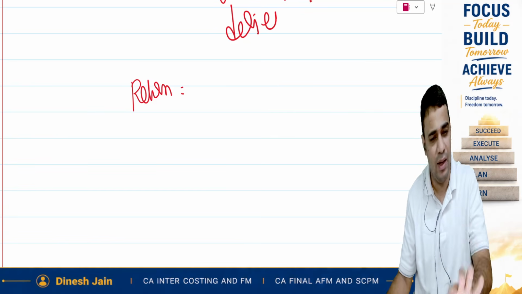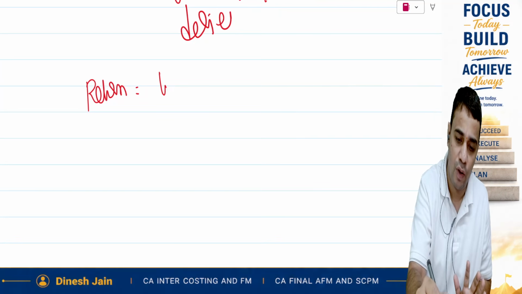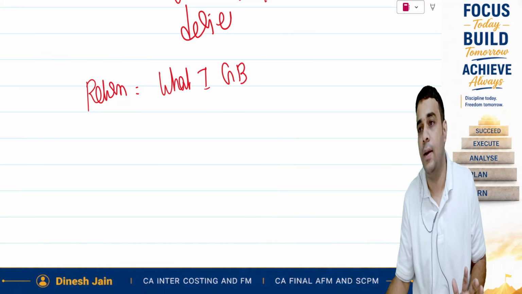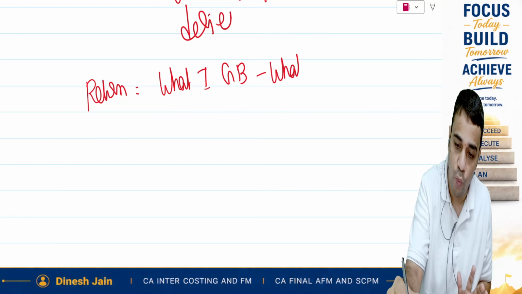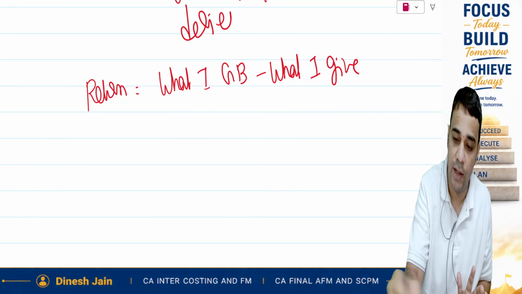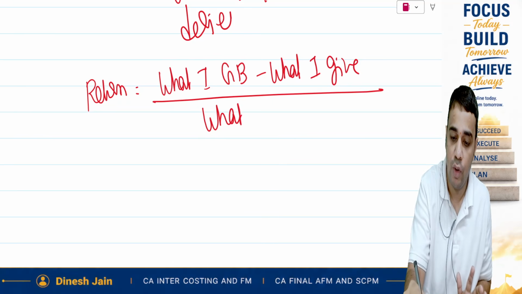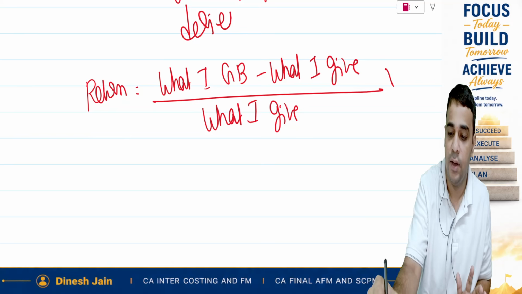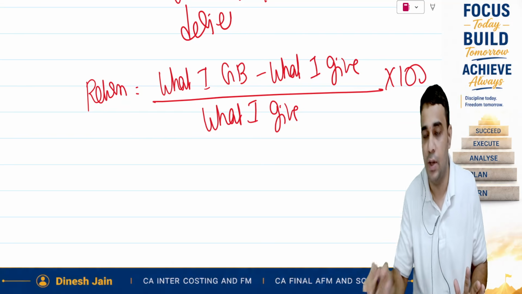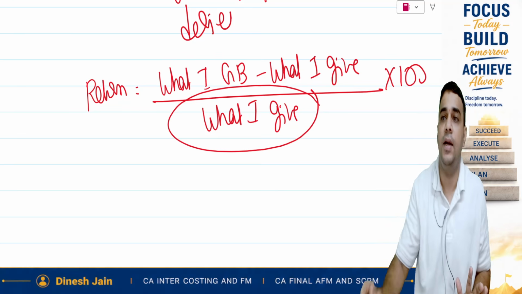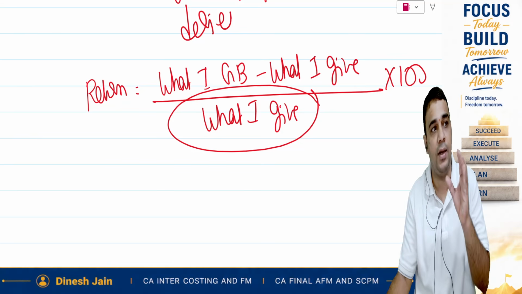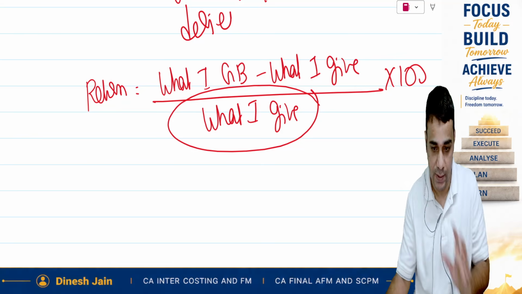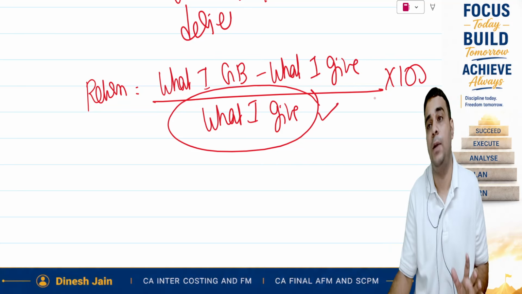The broad meaning of return is what I get back by doing any investment minus what I give, divided by what I give, into 100 to express in percentage. If you don't divide by the denominator, it is return in rupees. If you divide, it becomes percentage.